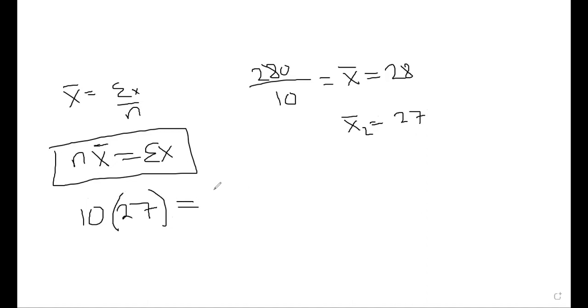So we need to find the sum total of the ages for the second group. So meaning the total here will be 270. The sum for the first group was what? 280. Are we together so far?